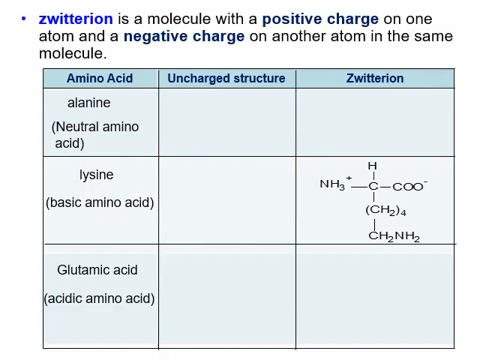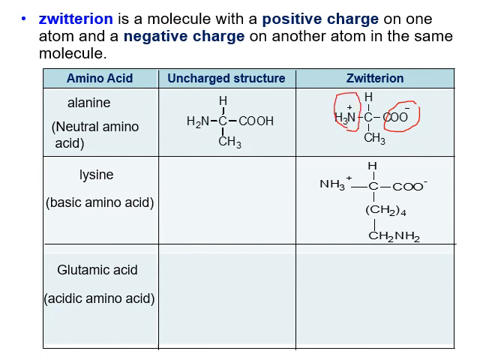So again, zwitterion is a molecule with a positive charge on one atom and a negative charge on another atom in the same molecule. So here are some examples of amino acid. For alanine, when it's uncharged structure, as you can see, there is COOH and NH2. And when it becomes zwitterion, the COOH becomes COO minus, the carboxylate ion, and the NH2 becomes NH3 positive.